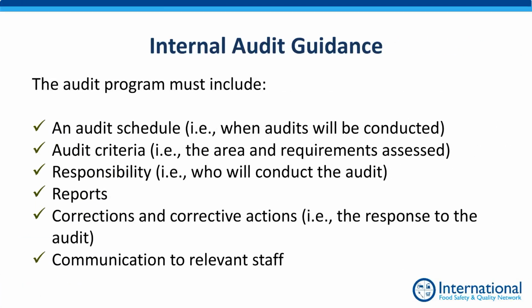So, the internal audit program needs to include an audit schedule, so when audits will be conducted, the criteria, the area and requirements assessed, responsibility, who will conduct the audits, corrections and corrective actions, and communication to relevant staff. There also needs to be a review of the traceback system at some time during one of the internal audits.